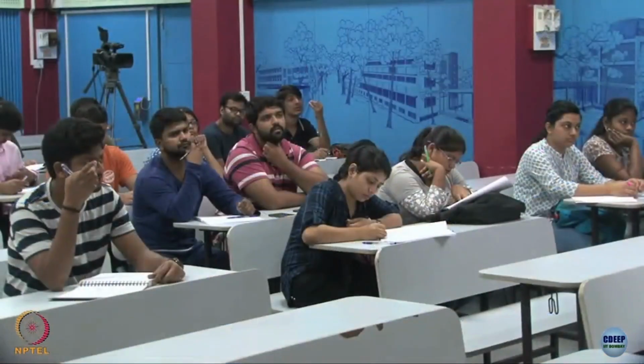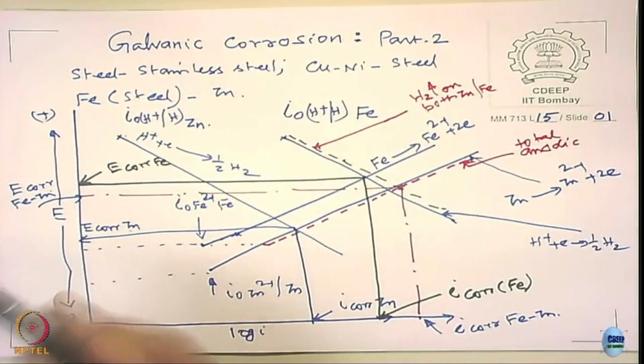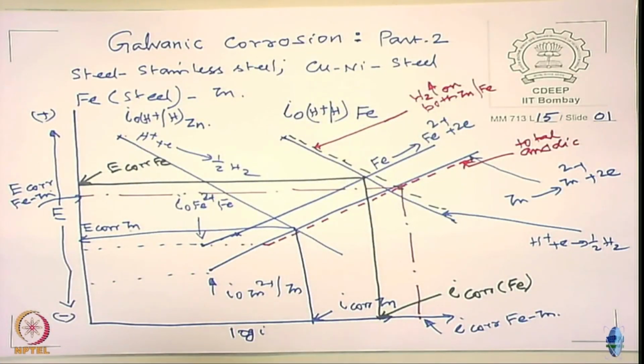The potential line intersects, so where does it intersect? It intersects all the lines: the cathodic reduction curve of iron and zinc, and the anodic current of iron as well as zinc, right. That particular intersection point gives you the corresponding reduction reaction and oxidation reaction in both cases.